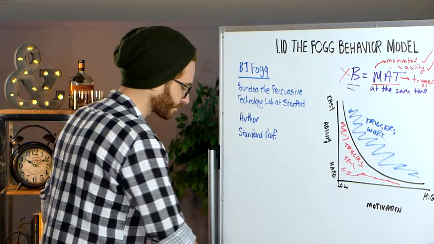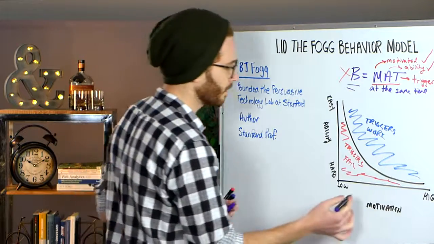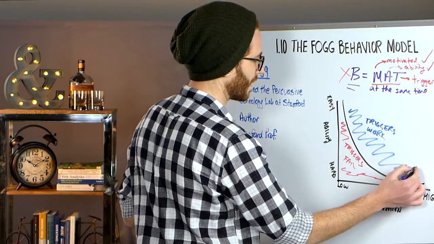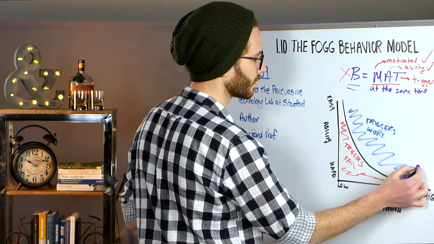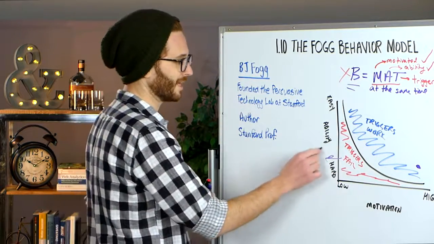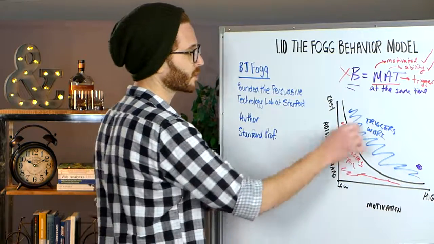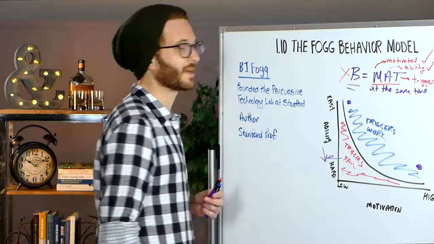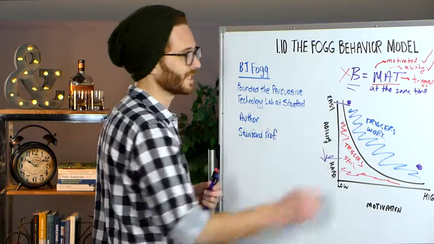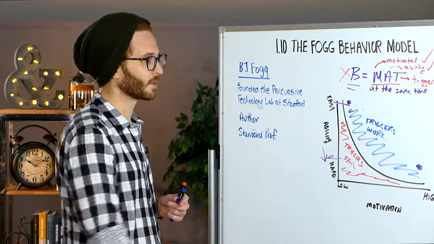So say we have a person who is, let's say, highly motivated, but it might be pretty difficult, right? So it's a hard task, but they're highly motivated. You could have a person who, over here, has a low level of motivation, but it's a very easy task to accomplish. Once again, the behavior will happen. The trigger is going to work.